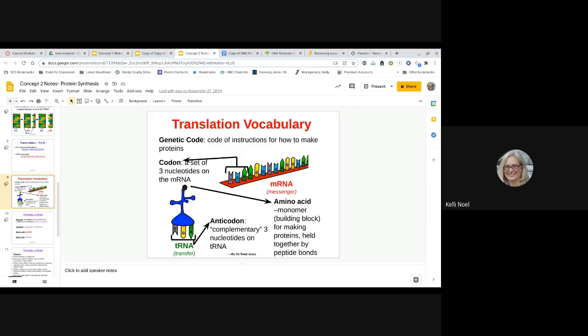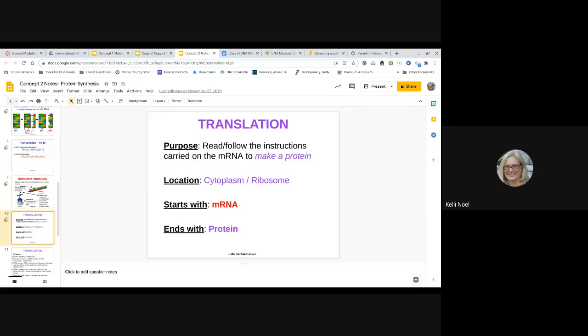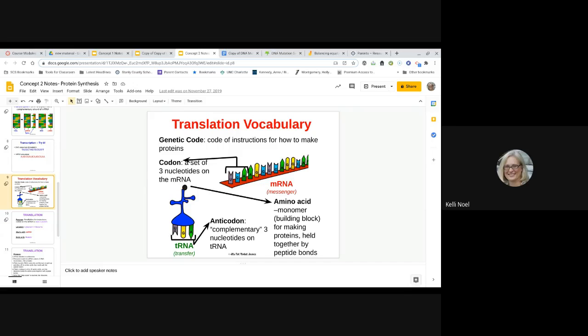So translation: if I want to translate something, I am trying to put it into a language that I understand. So we're taking the genetic code here and turning it into something that the cell understands, or the ribosome understands, so that it can make the designated protein.